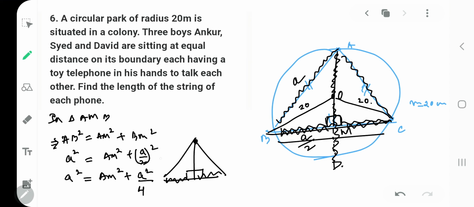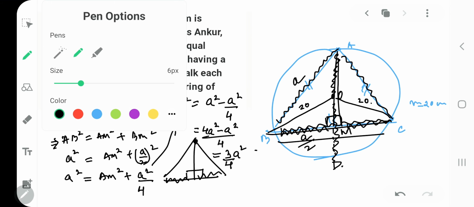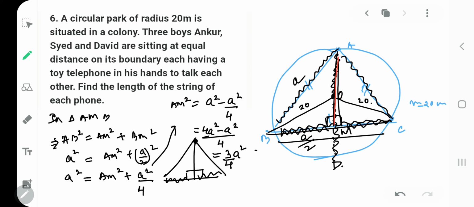I have opened the bracket. And therefore AM square will be equal to a square minus a square upon 4. If I take LCM, that will be 4a square minus a square upon 4. That will be 3 upon 4 a square. So I got the value of AM. I'll mark it with red pen. So I got the value of AM square as 3 upon 4 a square.